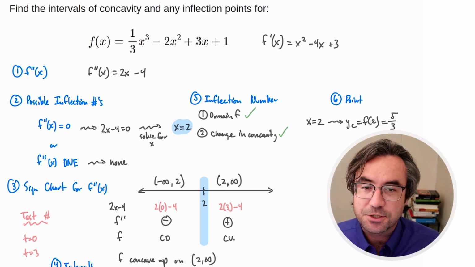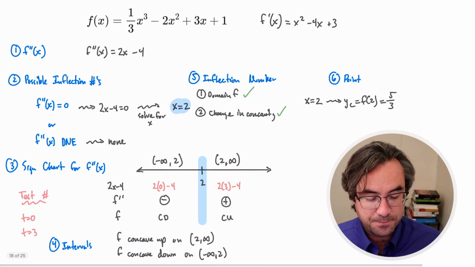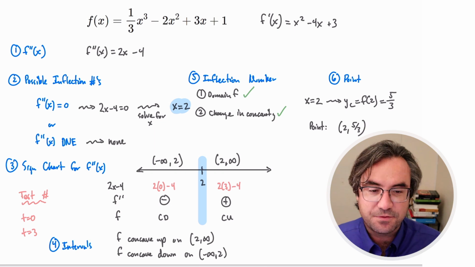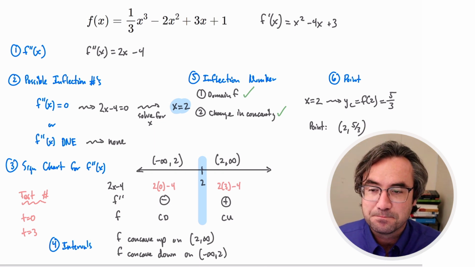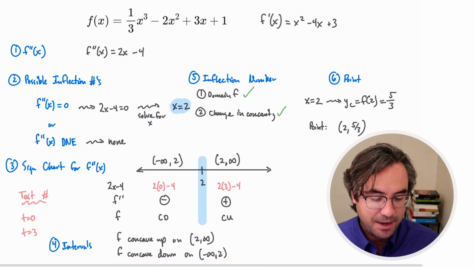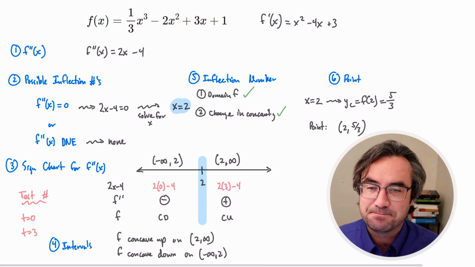So our inflection point, if we put it all together, is x coordinate is 2 and y coordinate is 5/3. So we've got our intervals of concavity and we found our inflection point.